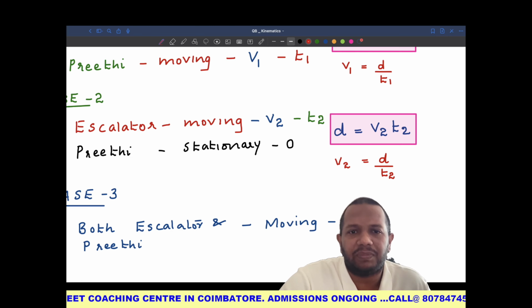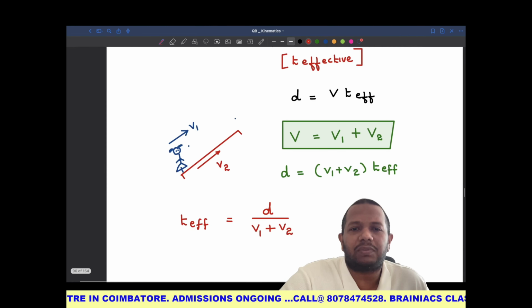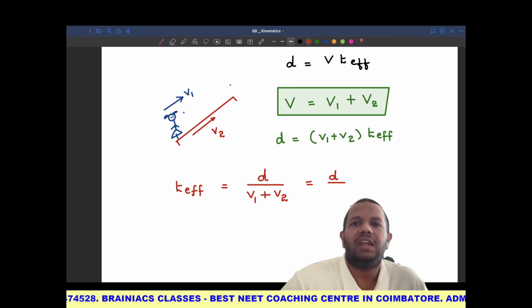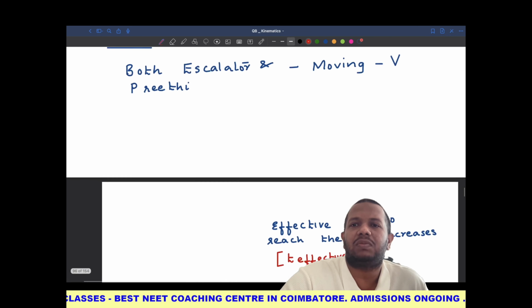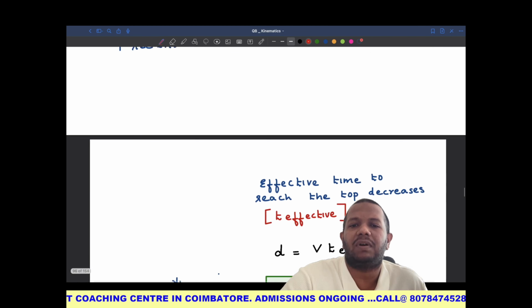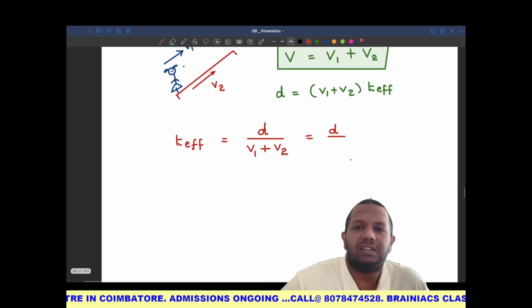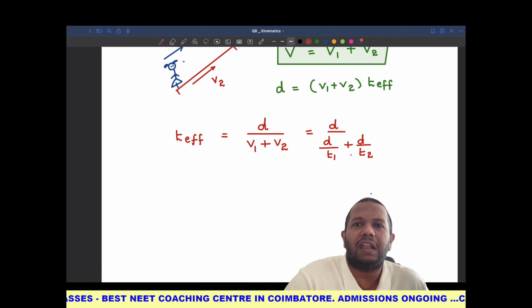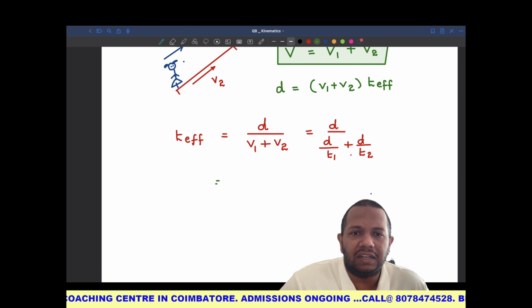Very straightforward. Now let us substitute here effectively. So d divided by v1; instead of v1, I will put what we found, d by t1. Similarly v2 I will keep as d by t2. Now let's do the calculation. I will take d at the numerator, which is already present, and I will take d common in the denominator.